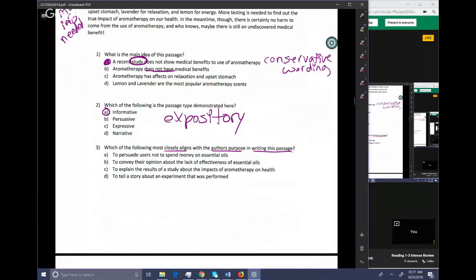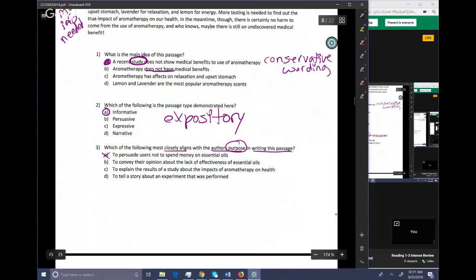So what most closely aligns with the author's purpose? This particular purpose question looks like, from the length of the answer choices, that we're going to explain the purpose as opposed to saying to inform. To persuade users not to spend money on essential oils would be very extreme. This has not got a persuasive tone.